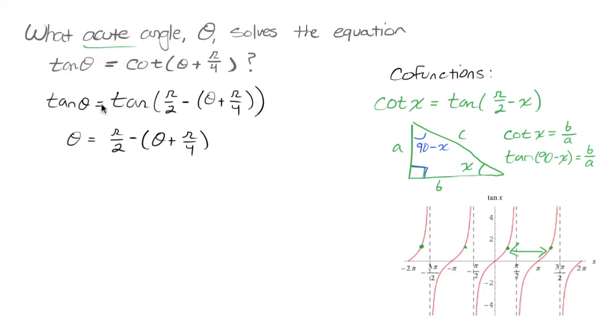Now, we should be able to solve for theta by normal means. Theta is equal to pi over 2 minus theta minus pi over 4. Just pardon me while I do some algebra.